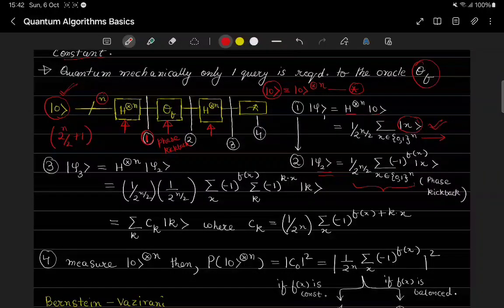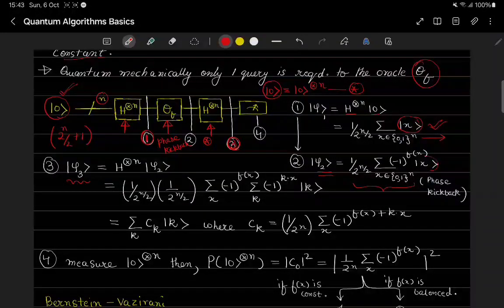And now the third step is again an application of the Hadamard gate, which I have written in here. So what is this state? It is easy to see.